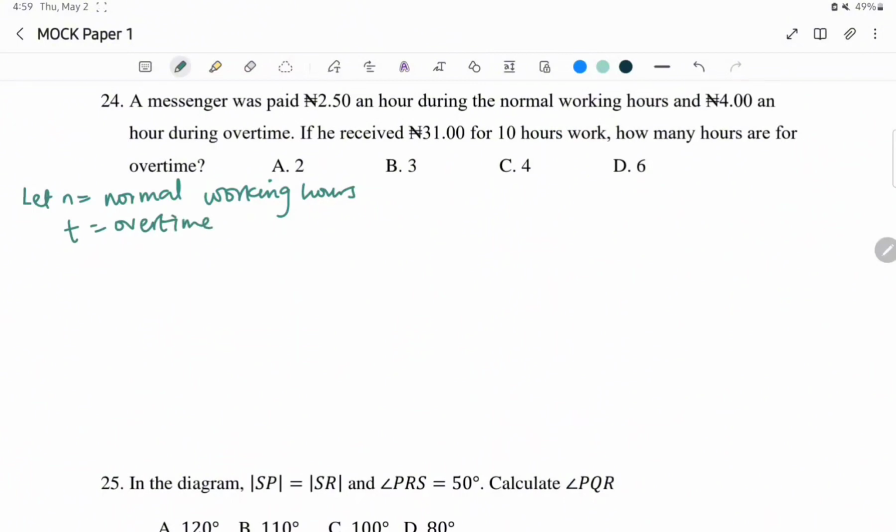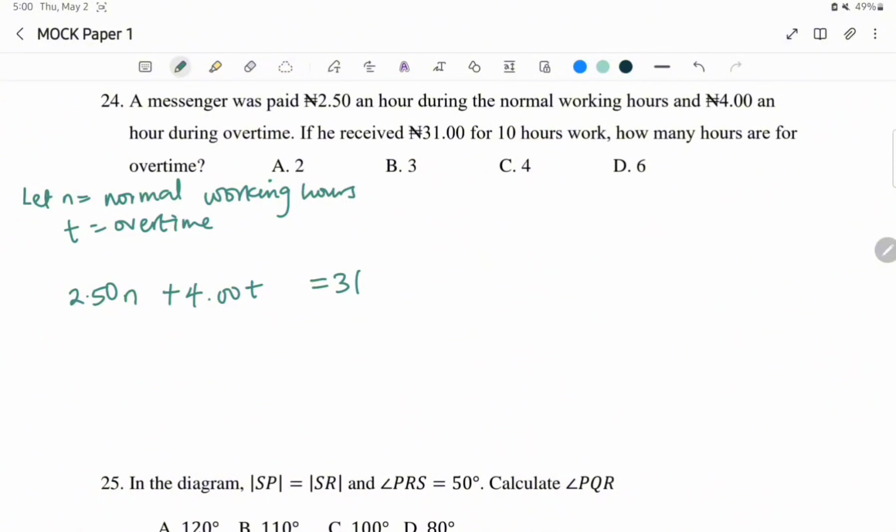Now that means per hour he receives 2 naira 50 kobo for normal work, while he receives 4 naira per hour of overtime. We are told that the total amount he received for 10 hours is 31 naira. That means this 31 naira is the sum of 2 naira 50 kobo multiplied by n and 4 naira multiplied by t.